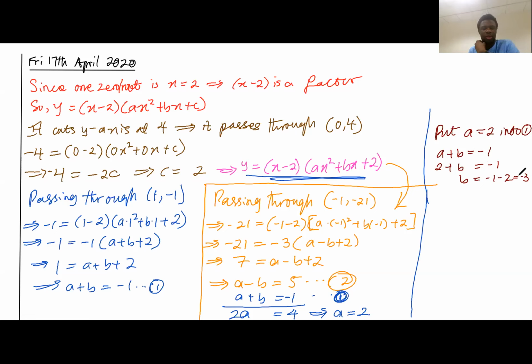So let's see, is that factorizable? 2x squared minus 3x plus 2. Are there factors of 4 that give minus 3? 1 and 4. And how can 1 and 4 give minus 3? That's not possible. Because if you have 1 and 4, to get minus 3, that will be minus 4 and plus 1.